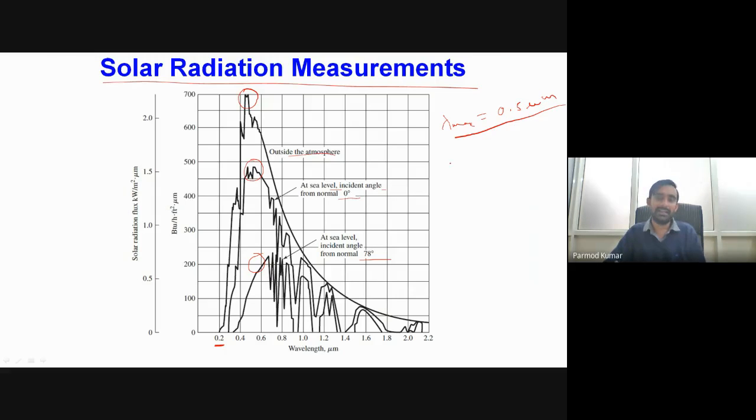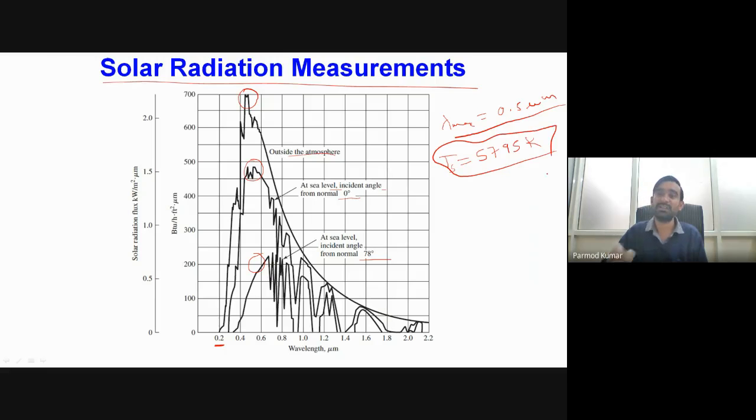Okay, so now if we consider that our lambda max is equal to 0.5 micrometers, and if we consider that we have a situation of thermal equilibrium between the sun and the atmosphere, then by just applying Wien's displacement law, we can determine the value of temperature at the surface of the sun. If you use this equation, you will find the temperature at the surface of the sun close to 5795 Kelvin.